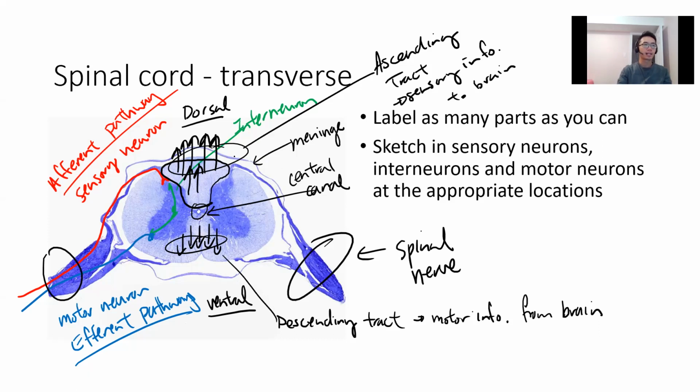And like I said, the nerve is going to be mixed. White matter on the outside, gray matter on the inside. Any questions?